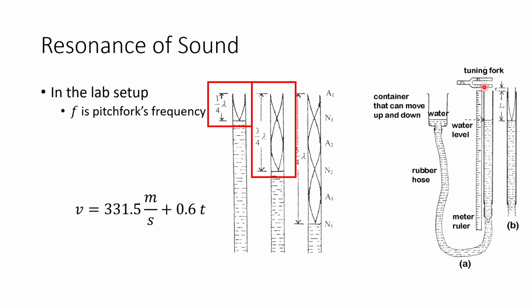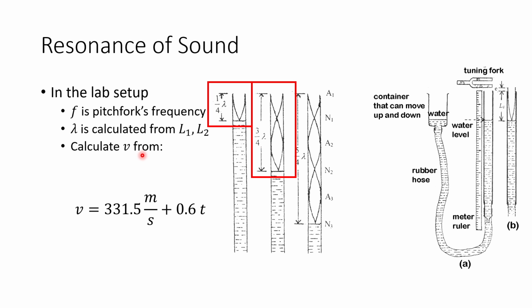So since you know that the vibration is given by the pitchfork, and the pitchfork is going to have a given frequency, you can read the frequency based on whatever number is written on the pitchfork, so you know the F. Then you can calculate lambda based on L1 and L2. So L1 is going to be 1/4 of the lambda, and L2 is going to be 3/4 of the lambda. L2 is going to be a little harder to find than L1, but since L2 is 3/4 lambda, once you found L1, L2 should be 3 times L1.